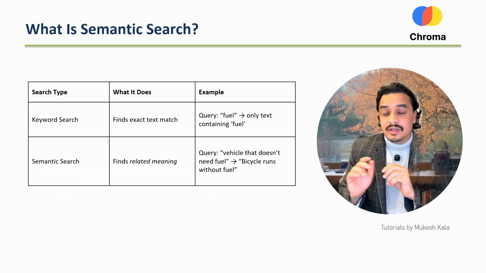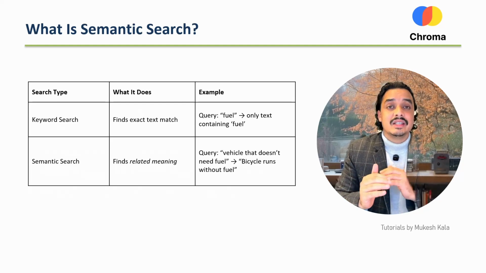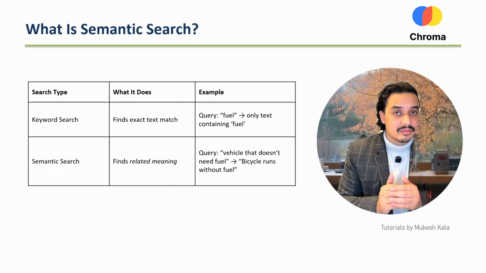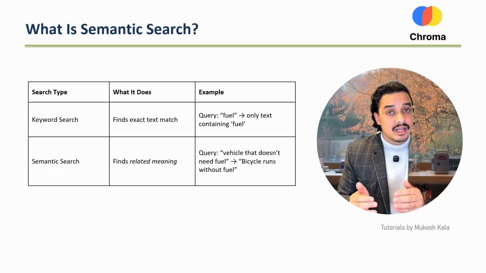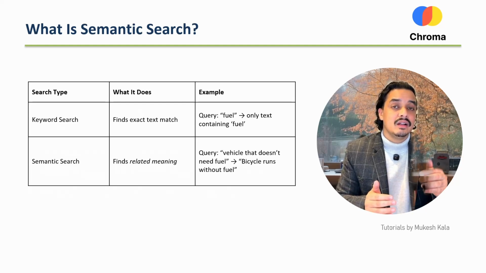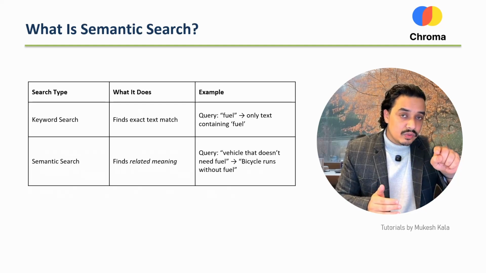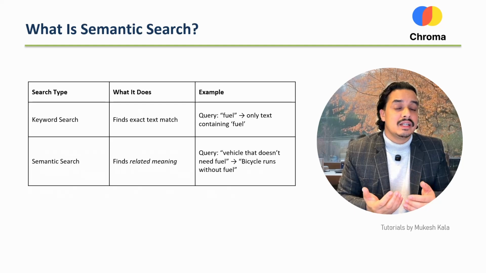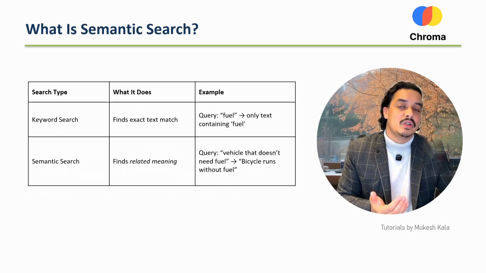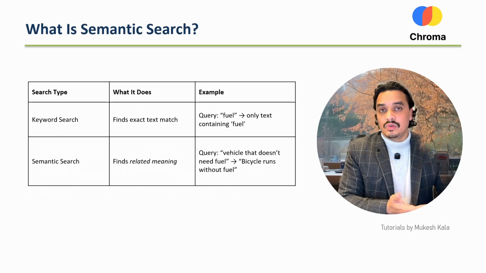However, if we talk about semantic search, it is able to find the related meaning. Now, instead of saying tell me which vehicles have petrol fuel, F-U-E-L, I can also say tell me which vehicles run on petrol, or tell me which vehicles need petrol.